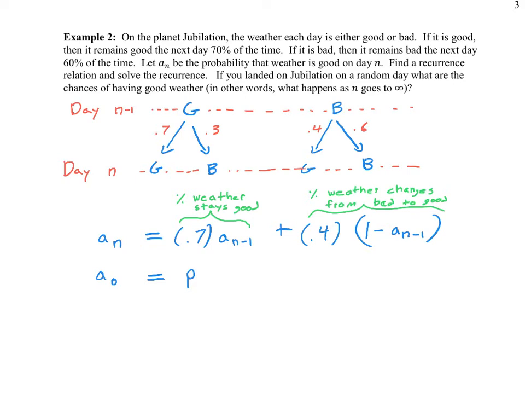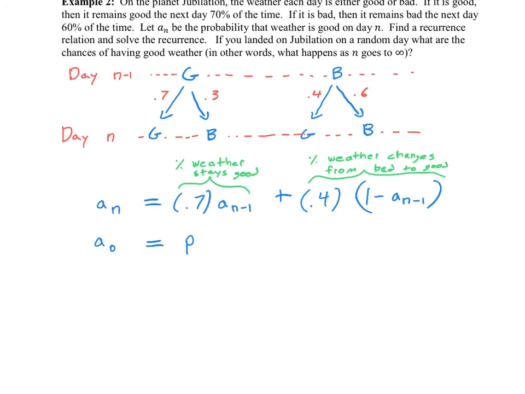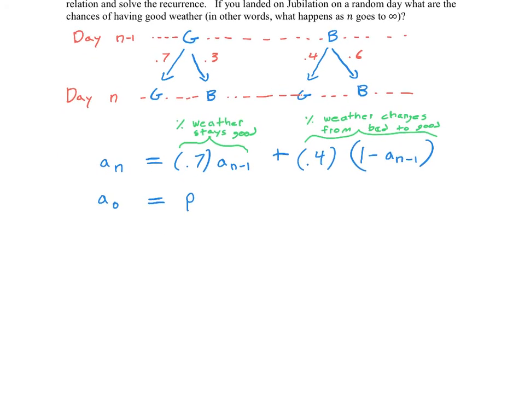So we found the recurrence relation, and now we would like to solve the recurrence relation. Now maybe before we do that, maybe it would be nice to just simplify A sub n a little bit. So we notice that we can combine two terms with the A sub n minus 1s. So we would get 0.3 A sub n minus 1 plus 0.4.